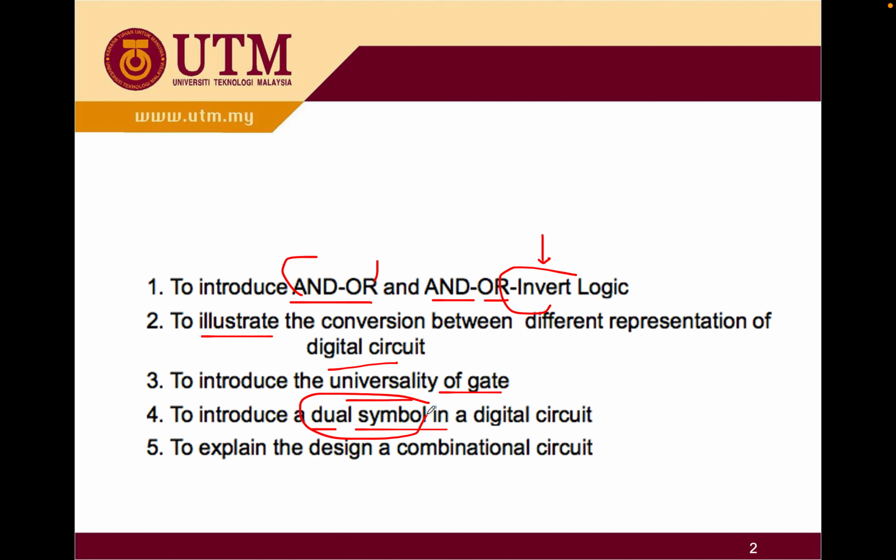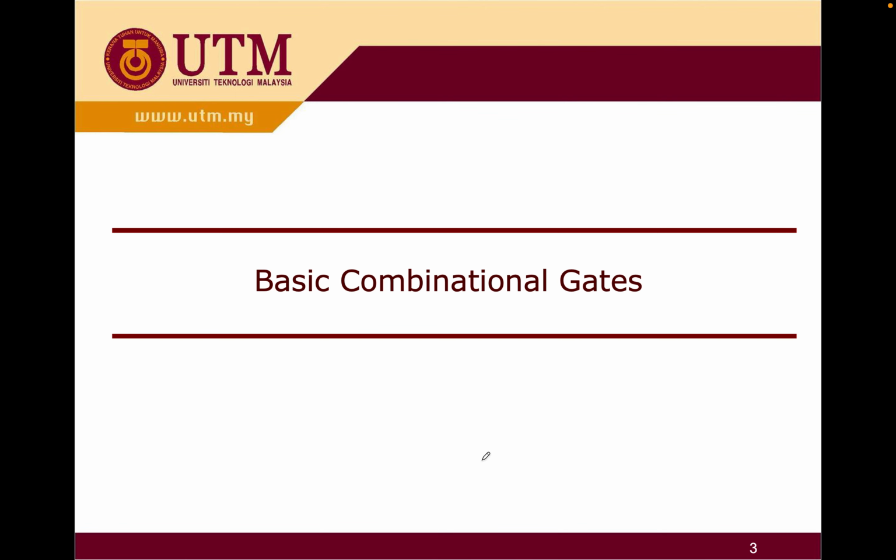Is it an AND gate or OR gate or inverse gate? So what is a dual symbol? Okay, this is all the objectives of what you're going to learn in module 5. Lastly, after you finish everything, you should be able to explain the design of a combinational circuit. Okay, let's go directly to our first subtopic, which is the basic combination gates.